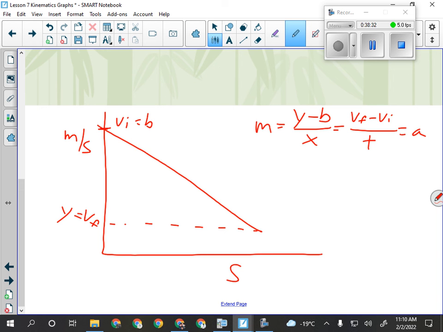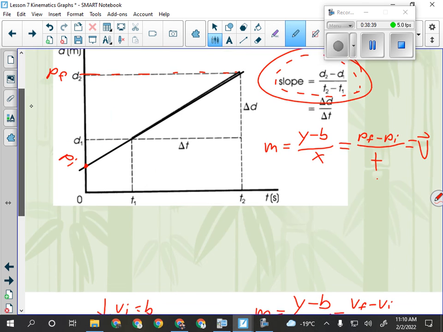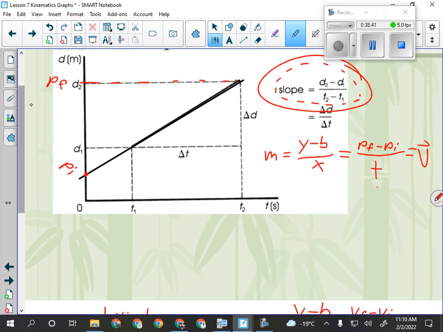The area under this line doesn't mean anything, because you've got some graphs where it's like that. I have people who do this all the time. They remember that they have to calculate the area under the line on a graph because it calculates something, but they don't remember which graph. So they calculate the area under the line of this graph. That's base, which is seconds, times the height, which is meters.